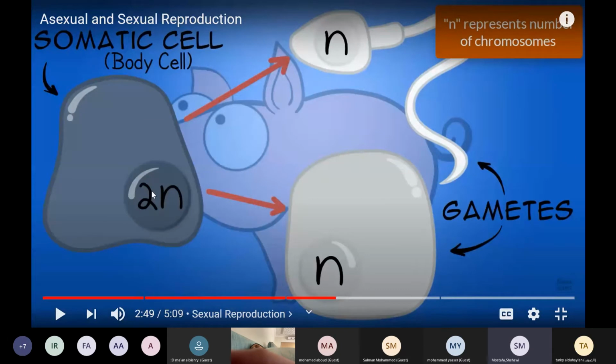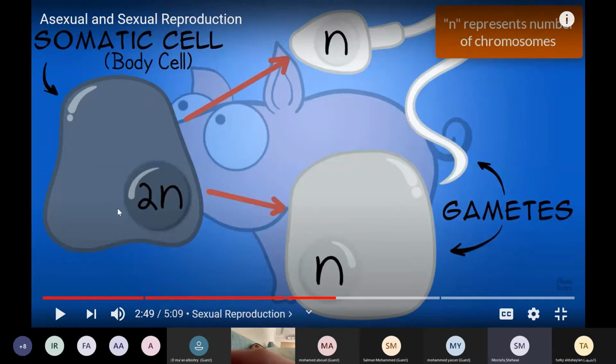By somatic cells, I mean your hair cells, your eye cells, skin cells, liver cells. All your body is somatic cells except for the sex cells, which are sperm in the male and egg in the female. They have only half of the chromosomes.